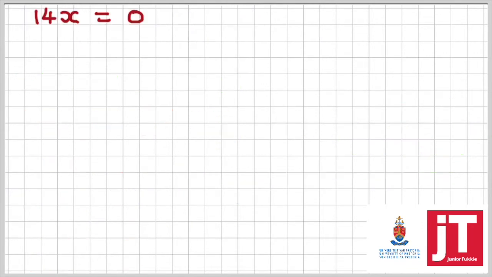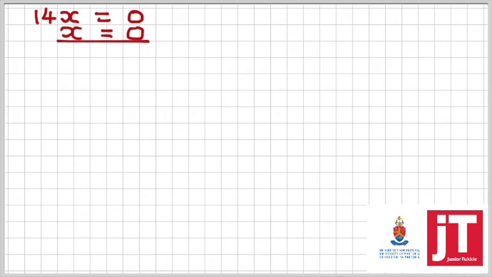I proceed. 14x is equal to 0. Solving for x, I divide both sides by 14. I'm going to get my x value to be equal to 0. Very simple. So I now have the x value. I need to find the y value.